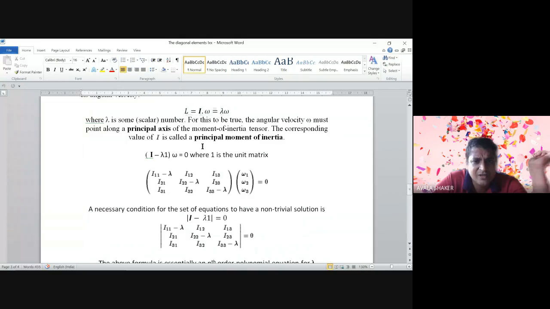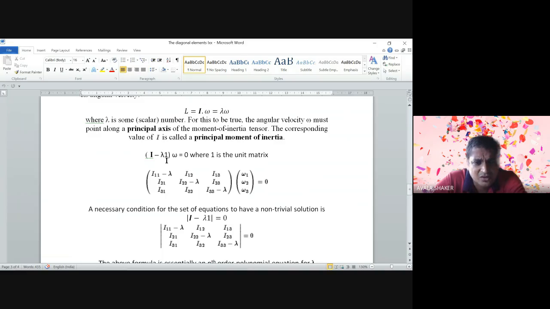If I take it on this side, I is a 3 by 3 matrix and lambda is a scalar, so I multiply it with 1, which in matrix form is nothing but the identity matrix, a diagonal matrix. You are not changing the problem anyway, except for multiplying it with 1, and the right-hand side will become 0.